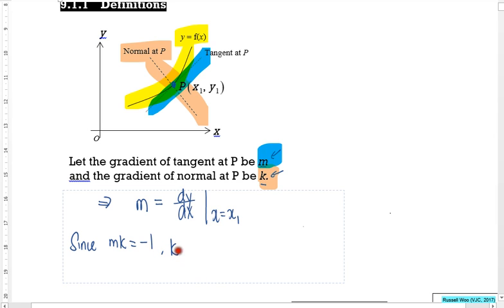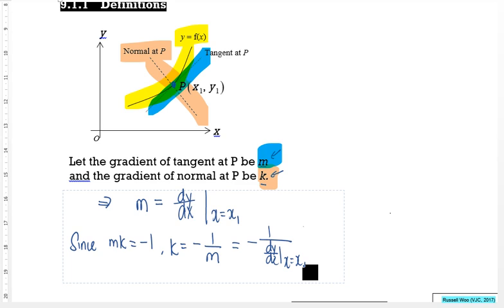It means that k must equal -1 over m. Therefore, k is just -1 divided by dy/dx at x equals x1. And now I'm using x1 and y1. Later on, I'll use specific numbers and you can understand a little better.